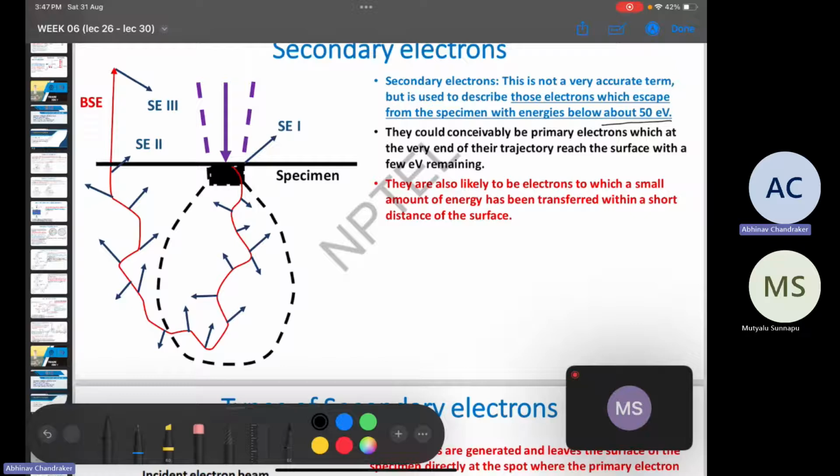So only those electrons which have been knocked out from close to the surface are able to overcome the work function and escape from the surface of the specimen. So all the SEs which get generated majorly are coming from close to the surface and give very high spatial resolution of the surface.